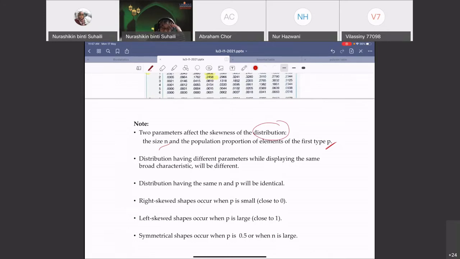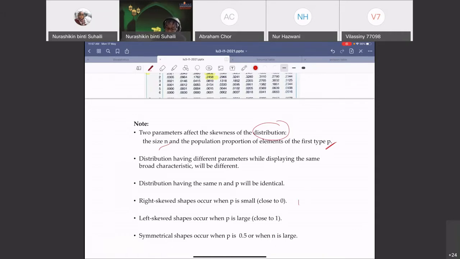Distributions having different parameters while displaying the same characteristics will be different. Of course, every distribution will have its own shape or behavior. It's not the same as others. Distributions having the same n and P will be identical. Right skewed shapes occur when P is small, close to 0.